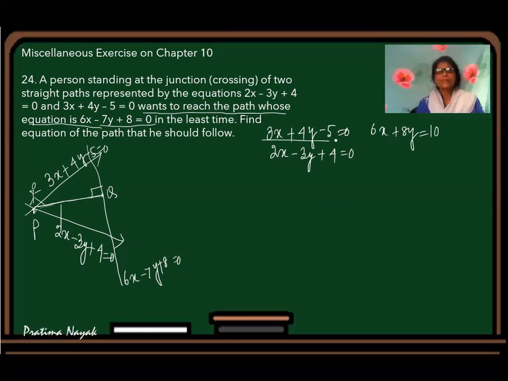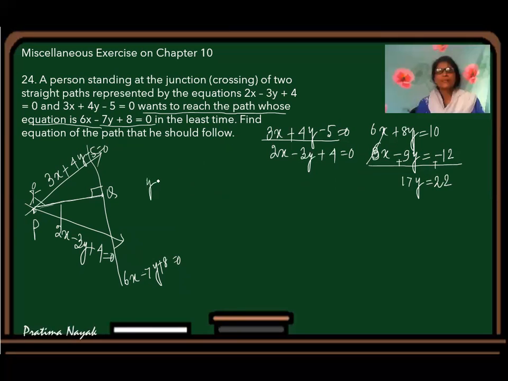Here I'll multiply the second by 3. So 6x minus 9y is equal to minus 12. Now we'll subtract. This will be cancelled. Positive, positive. You are getting 17y is equal to 22.